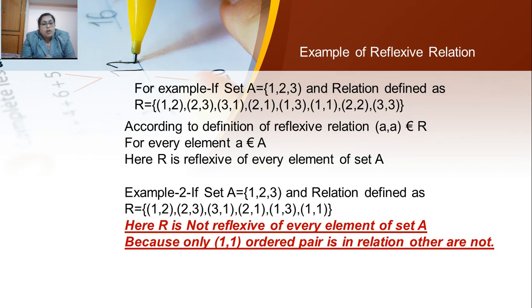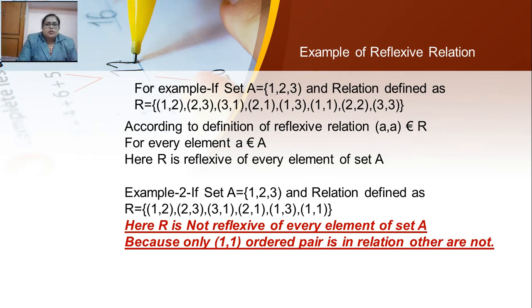Here R is not reflexive for every element of set A because only the ordered pair (1,1) is in the relation, others are not. 2's reflection is not in this defined relation, and 3's reflection is not in the defined relation, because reflexive relation must be true for every element of set A. So we can say that this relation is not a reflexive relation.